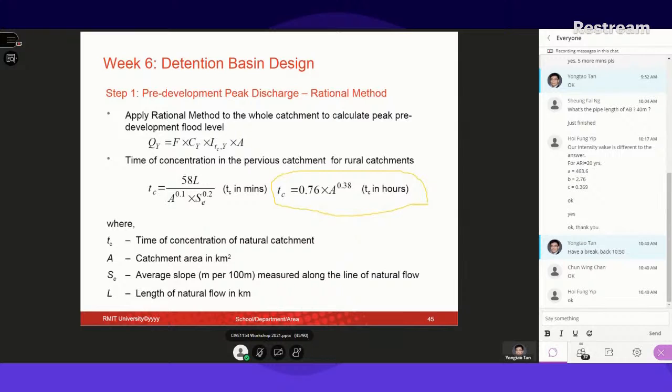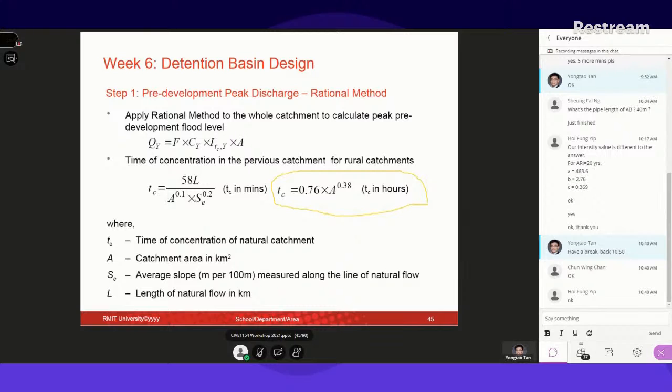But as I mentioned, the runoff coefficient is lower for the natural catchment because the soil absorbs most of the rainfall. For the post-development area, such as the road, the roof, and other infrastructures, normally the runoff coefficient is higher, for example 0.7, 0.8.